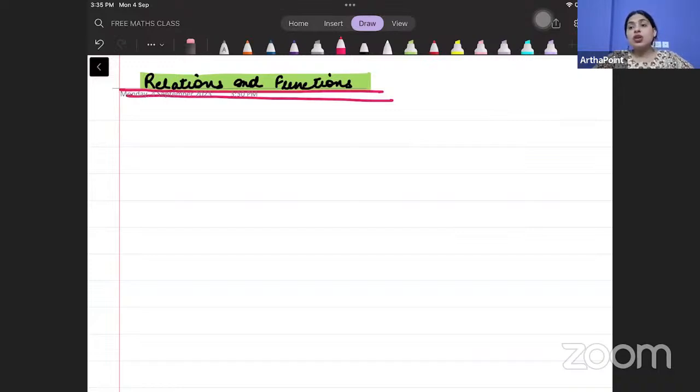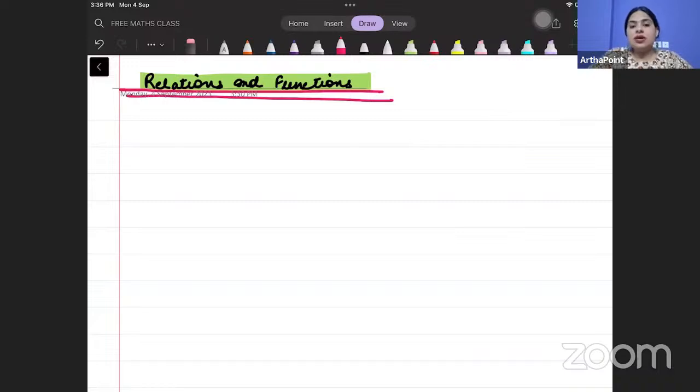So in case you want to read from a book, किसी book से refer करना है या कहीं से कोई problem solve करने हैं, तो आप NCERT को refer कर सकते हो, है ना? तो आप class 11th की NCERT के chapter number 2 को refer कर सकते हो. Okay, बेटा? So should we start today's session? Everybody is ready for it?